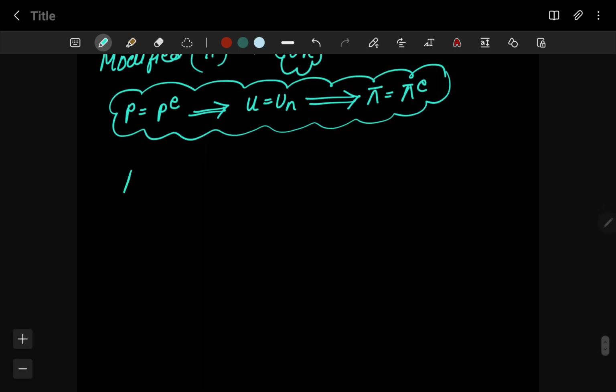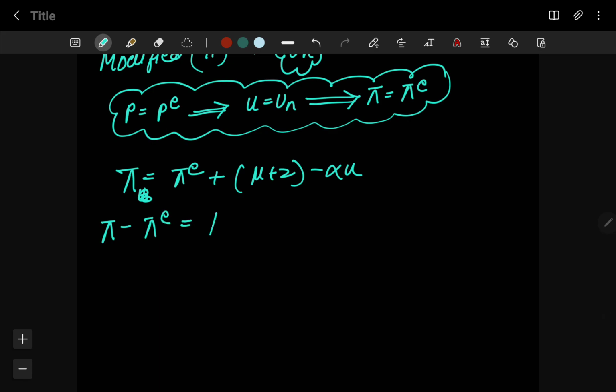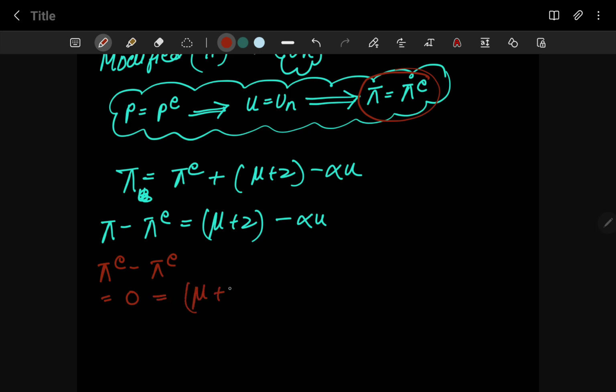So again, coming to our previous formula, which is pi equals expected inflation plus mu plus z minus alpha u, the unemployment. Now if we move this to our left hand side, we have pi minus expected pi. We know inflation is equal to expected inflation, so this is equal to 0. So 0 is equal to mu plus z minus alpha u.